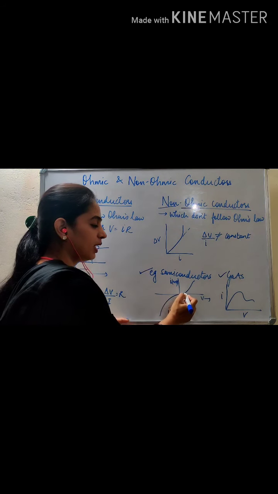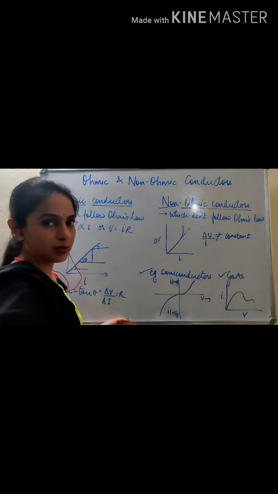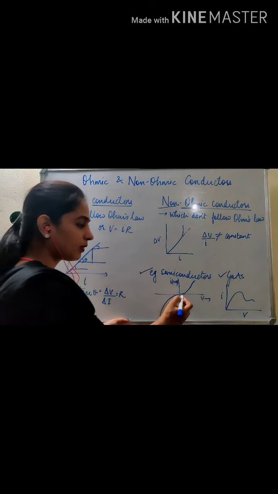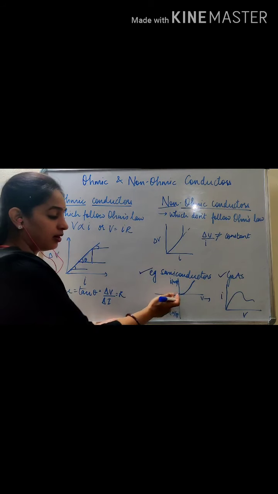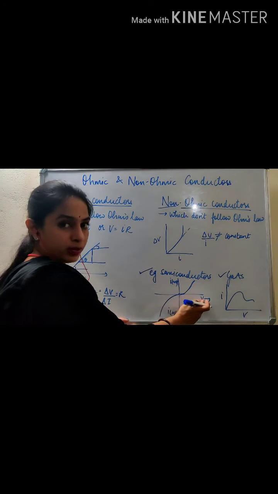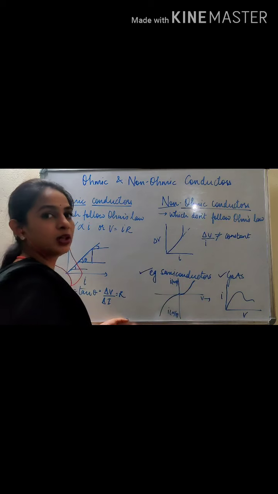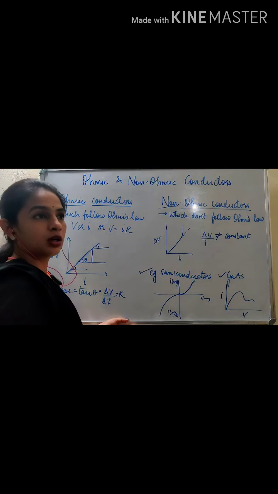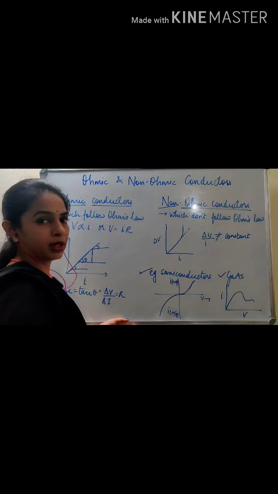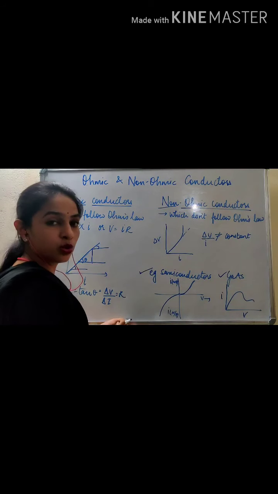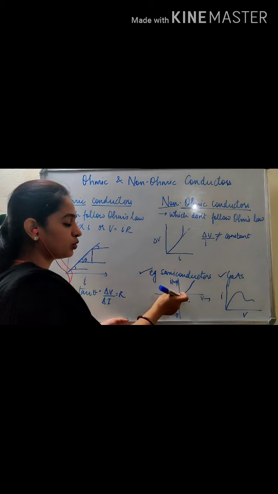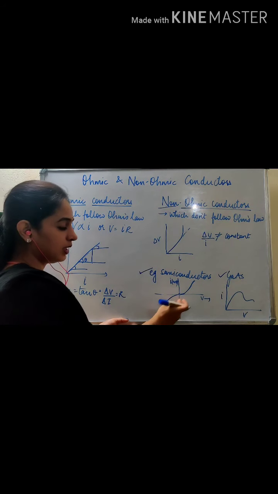After some time, V becomes directly proportional to I. It's very interesting to know that this is known as forward bias. We'll study all these things in volume 2, the second part of physics, and these semiconductors also operate in reverse bias mode. In reverse bias also you will see that it's a curved graph.